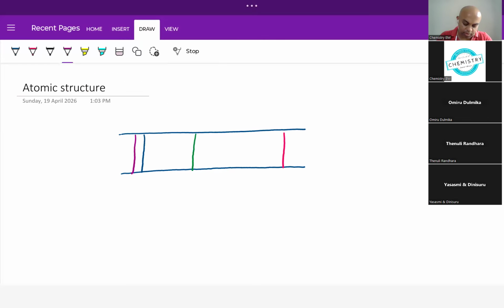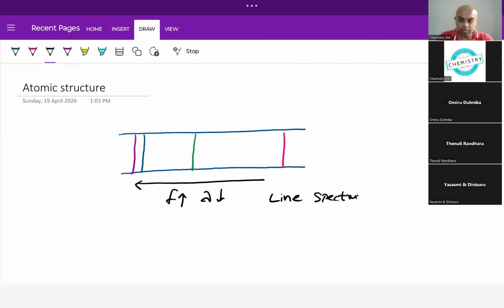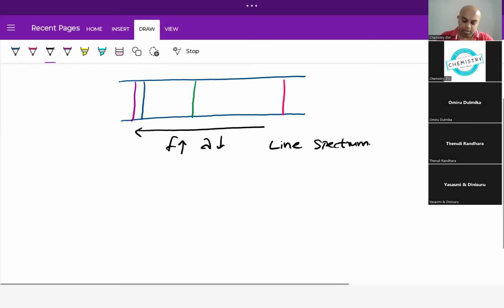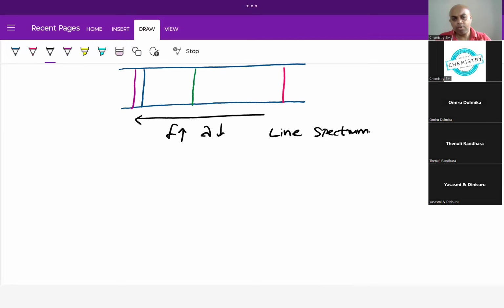In this direction, frequency is increasing and lambda is decreasing. So this is a line spectrum. Line spectrum, right?